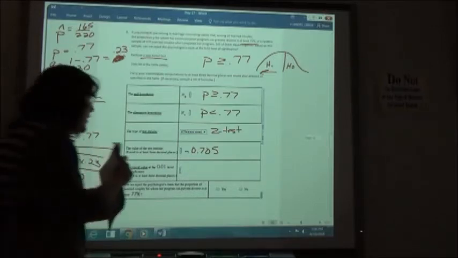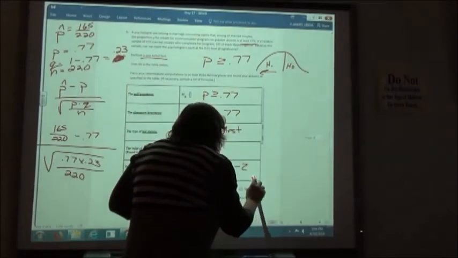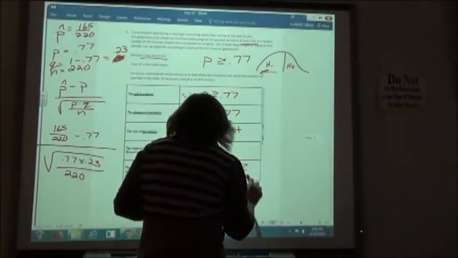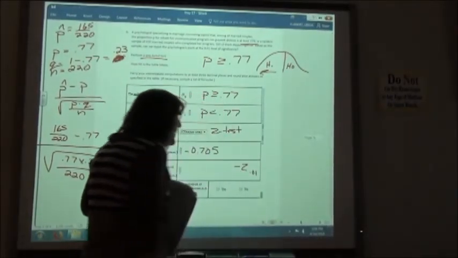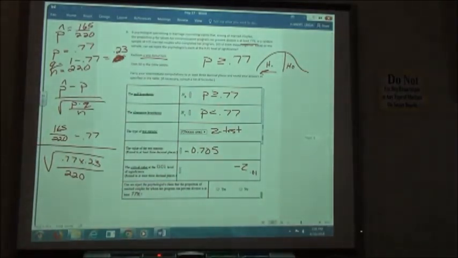So we're going to do negative Z sub 0.01. Again, if it was a two-tailed test, we would divide it by 2, but since it's a one-tailed test, we use that number. If we're testing to the left, we use negative. To the right, we want a positive number.